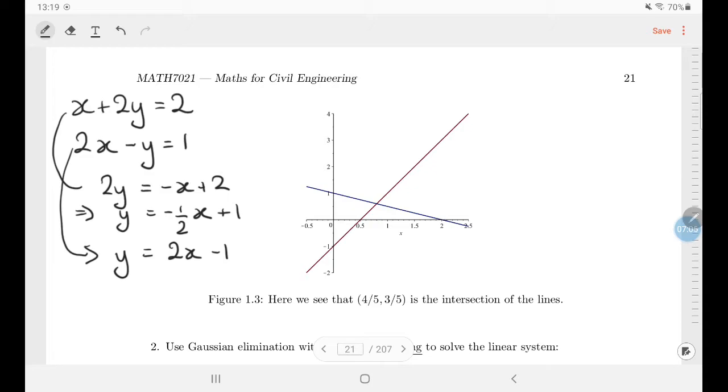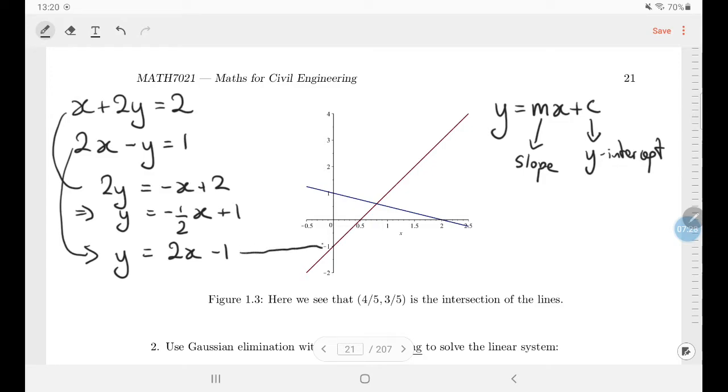Now we have a little bit of theory that says if you've got an equation of the form y equal to mx plus c, it is a line, m is the slope, and c is the y-intercept. I think you would have done a bit of this with the curve fitting last semester. If I look at this line here, it's cutting at minus 1, and it's got a positive slope.